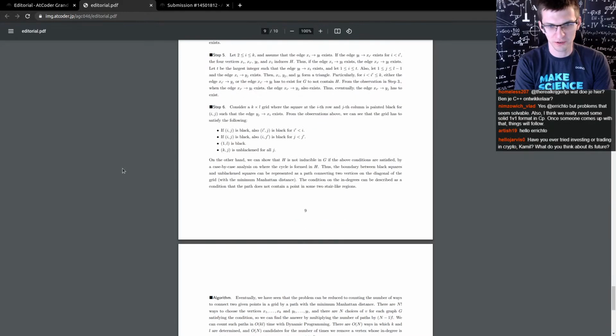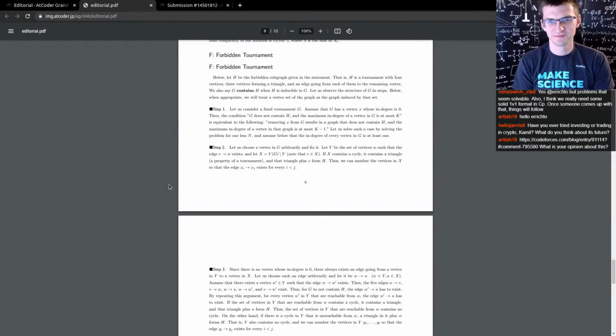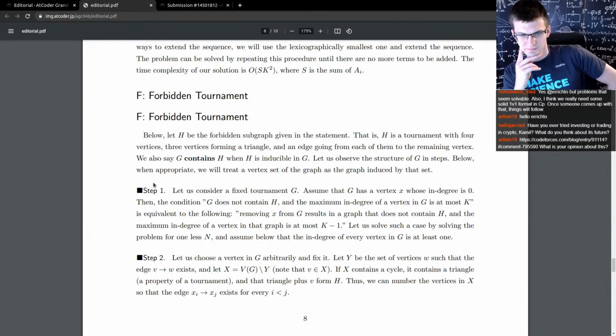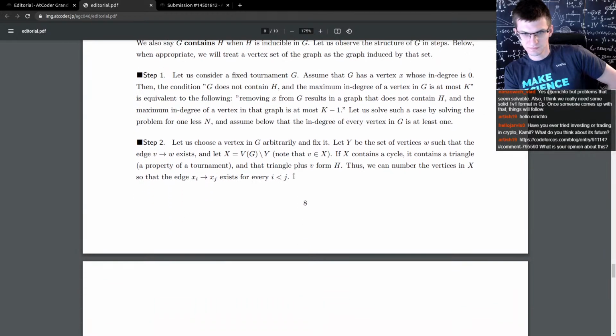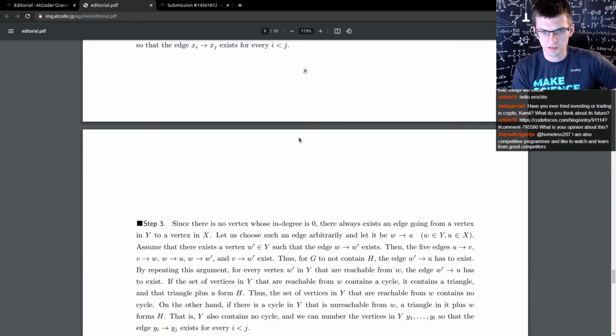Step 1, 2, 3, 4, 5, 6, and then the algorithm. Let y be the set of vertices such that the edge exists. The others, number vertices in one part.